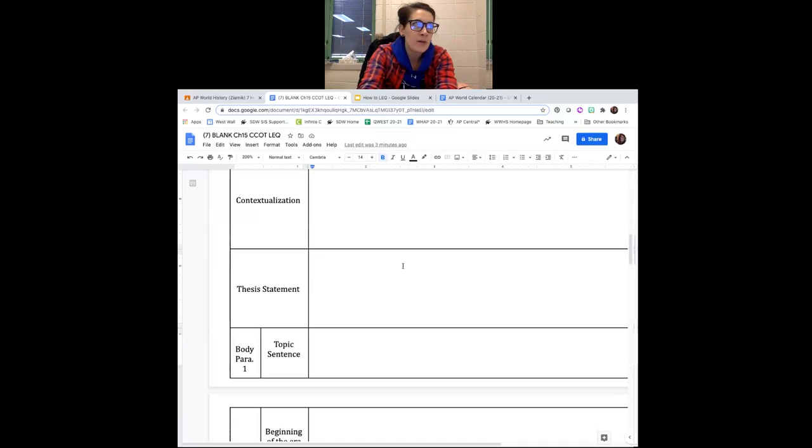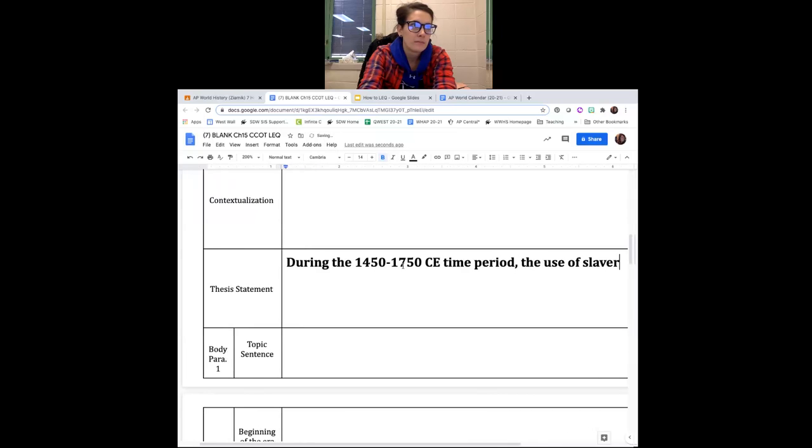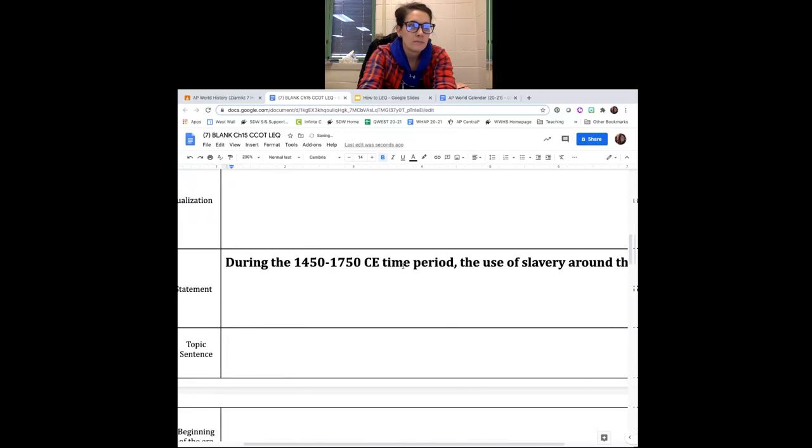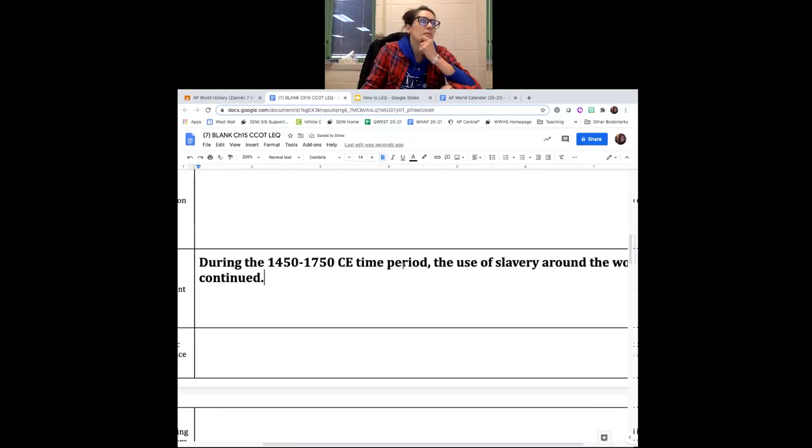So again, I'm going to put during the 1450 to 1750 CE time period. And I'm going to zoom out a little bit so you guys can see the whole thing.